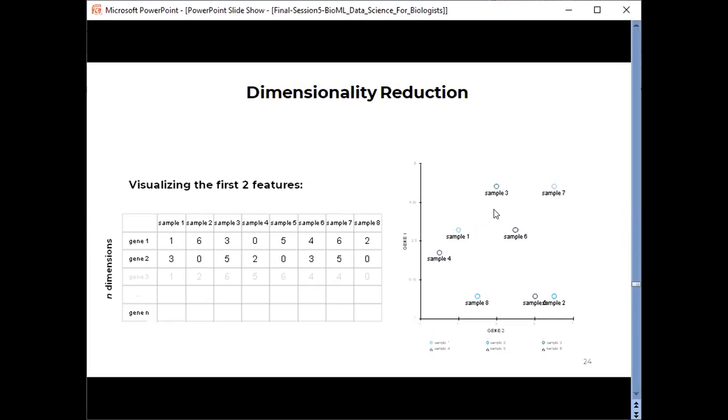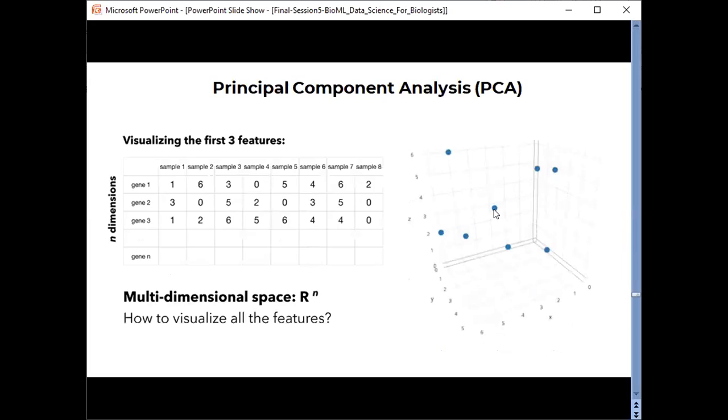To study how gene expression can be used to measure the variability between the samples, we can use a dimensionality reduction technique, that is PCA. Now let's see if we add another gene. We can view this as a three-dimensional space, but we have thousands of genes, so it is multi-dimensional.